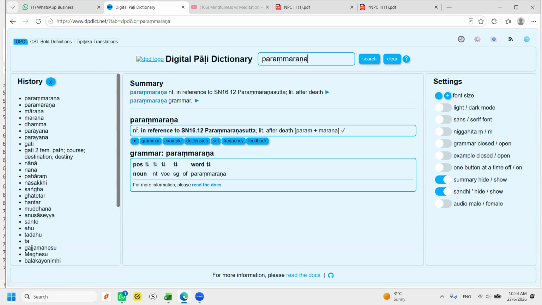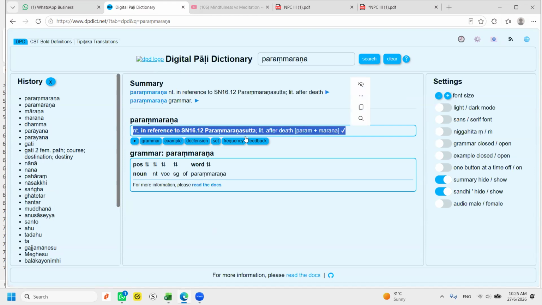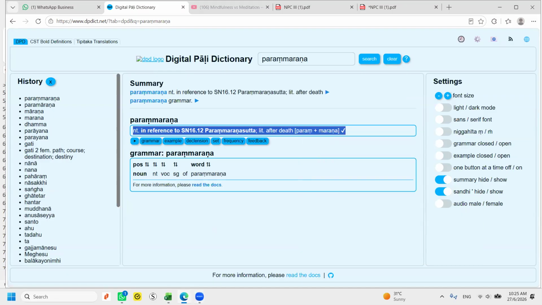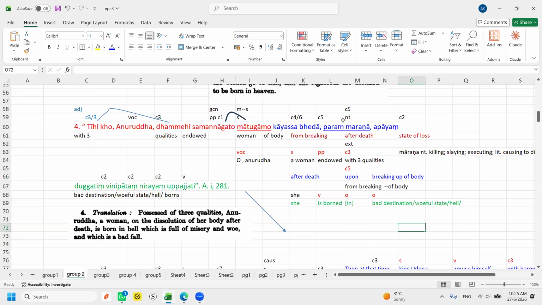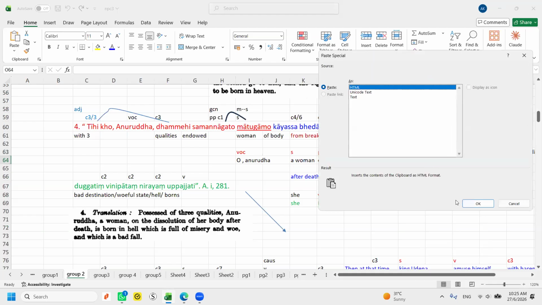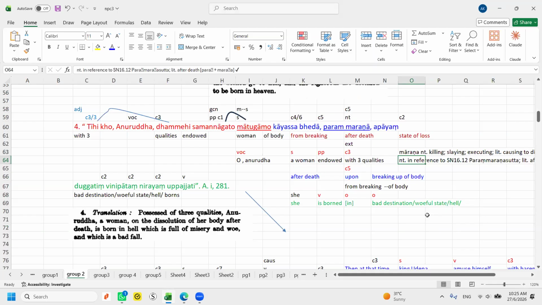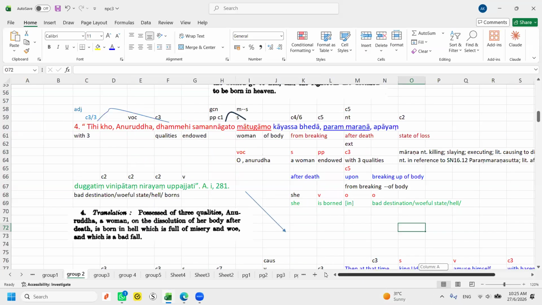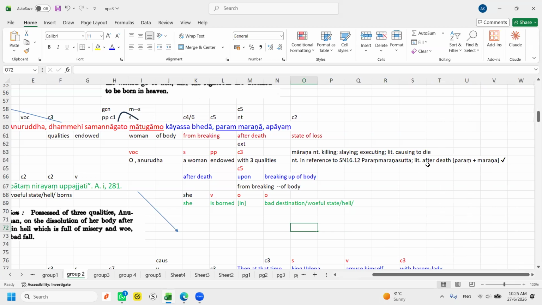Paramaṃ marana, after death. That means if this is ablative, here it means after death.